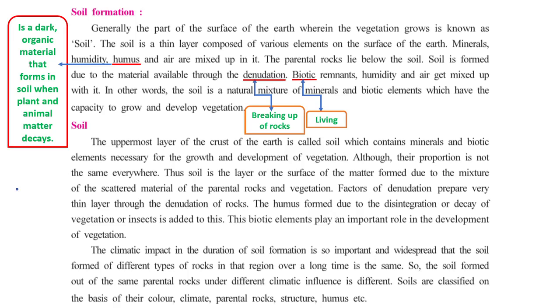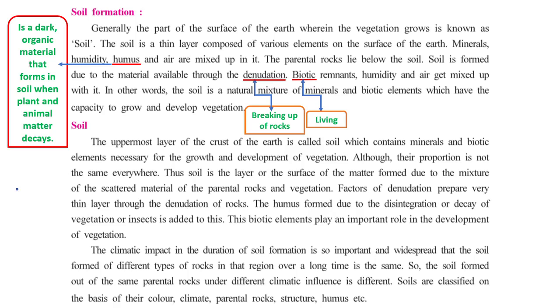Yes, students, soil formation. Now, first of all, before we see soil formation, I would like to ask you what you mean by soil. Soil is nothing but the very thin layer on the top of the earth's surface. I repeat, the very thin layer on the top of the surface of the earth is called soil.